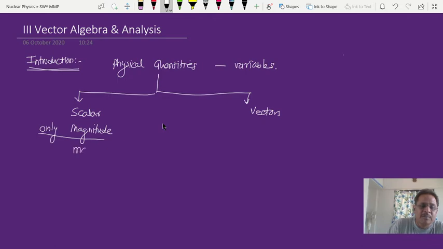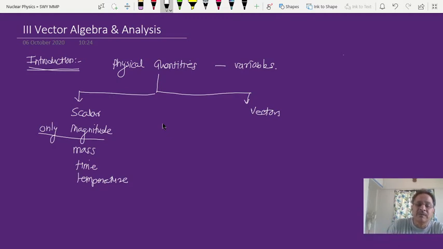For example, mass. It has a unit, mass is expressed in kilograms or grams, but it doesn't require any direction. Similarly, time as well as temperature. These are physical quantities which don't require direction; only magnitude is sufficient, and all these quantities are called scalar physical quantities, or scalar variables in terms of mathematics.